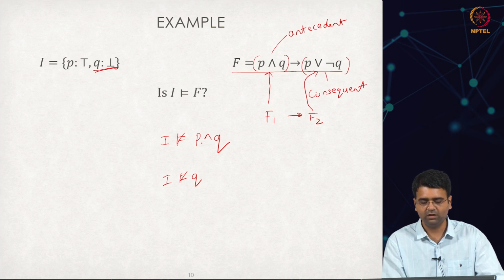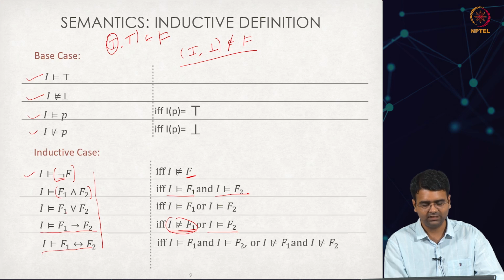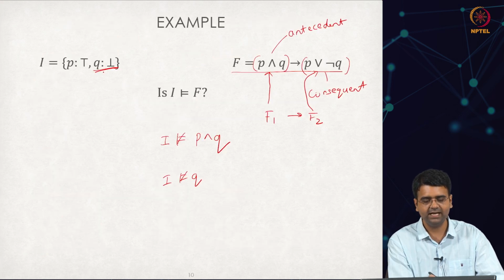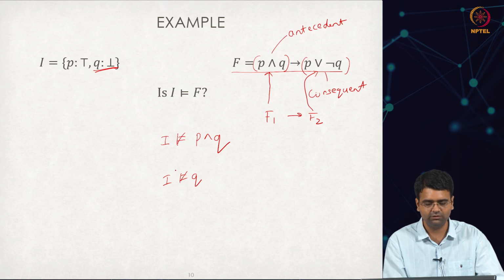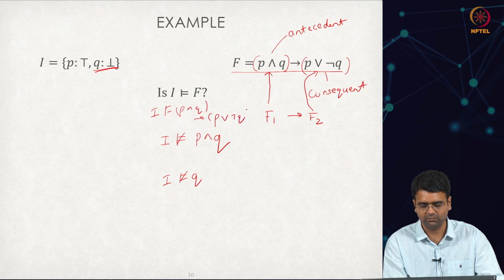Therefore I cannot be a model of P and Q, because from the last slide, I is a model of F1 and F2 if and only if I is a model of F1 and I is a model of F2. Since I is not a model of P and Q, I is actually a model of the formula F, which is P and Q implies P or not Q.